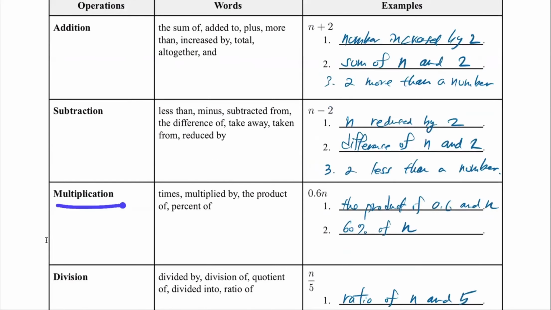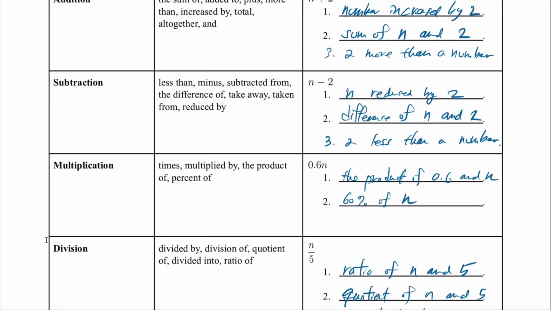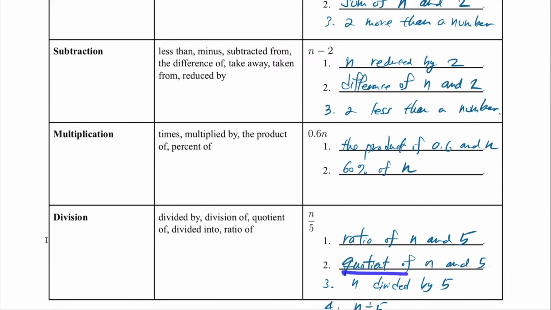In multiplication, we say product of. Once again, when we say product of, sum of, difference of, quotient of, division of, we tend to write them in the order in which they appear from left to right, top to bottom. So in this case, it'll be product of 0.6 and n.